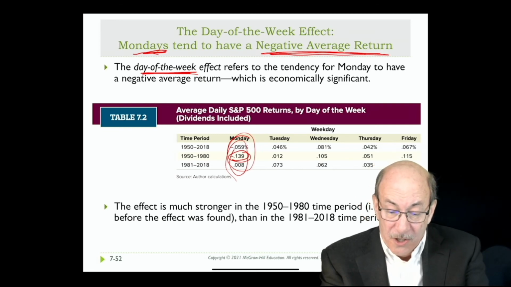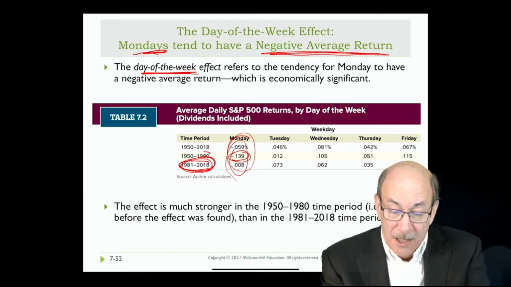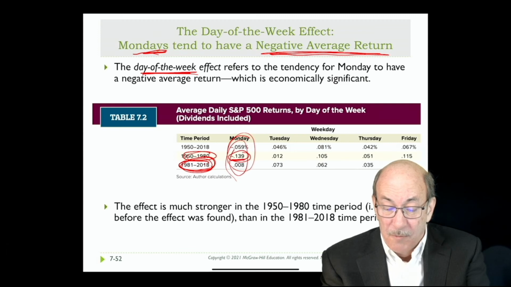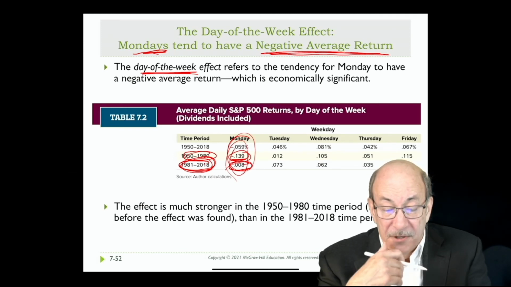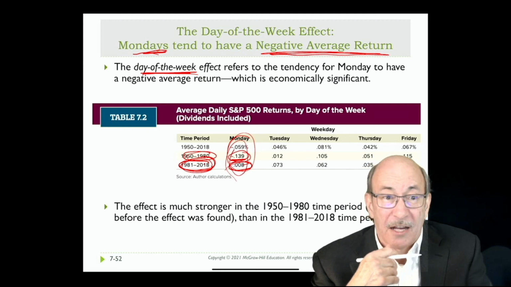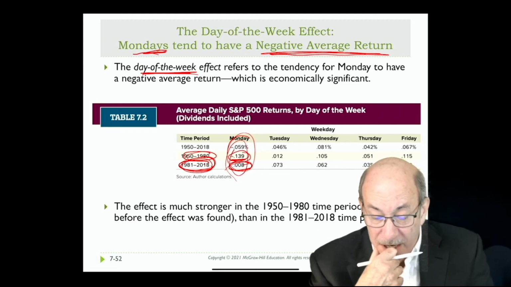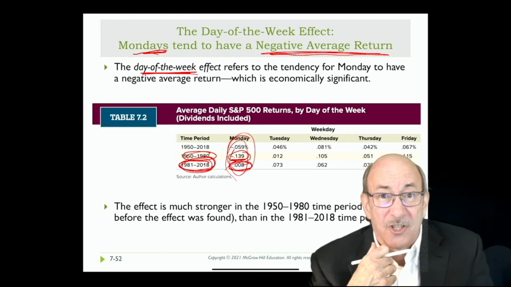Well, it doesn't look good when we look at the more recent data, right? In the 50s up through the 80s, yeah, there seemed to be something there. But when we look from the 80s on up to today, ooh, that sort of disappeared. So this day of the week effect doesn't seem to actually have much bearing on us today.